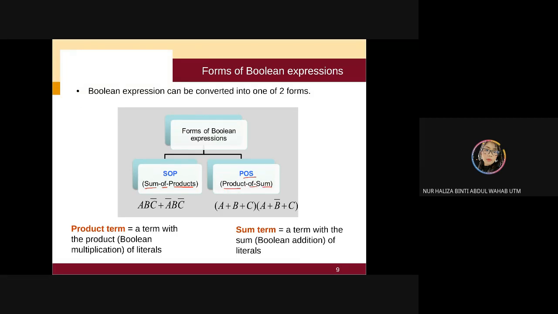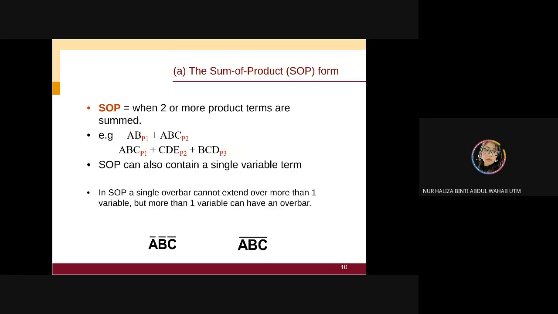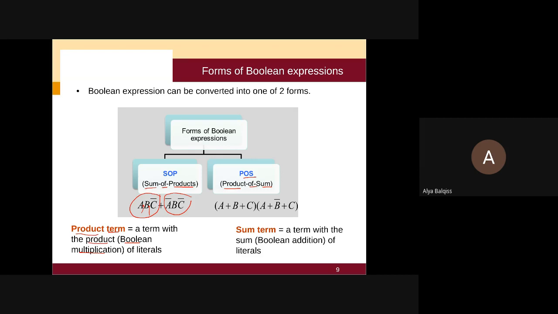So you can see product term. What is a product term? A product term is a term with the product, which is Boolean multiplication. You can see this is multiplication, so this is a product term.